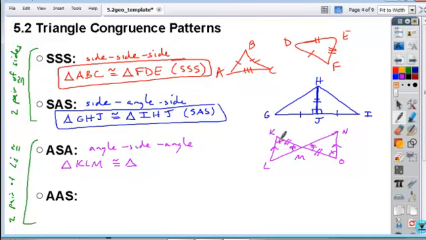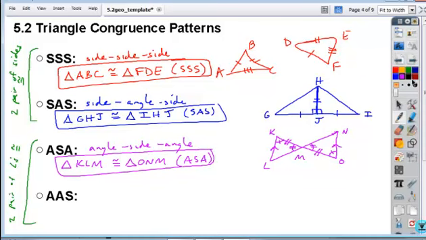So K is the angle with one tick mark, so it corresponds to O. L is the angle with no tick marks, so it corresponds to N. M is the angle with the two tick marks, so it corresponds to M. So here's our congruent statement, and the pattern that's fulfilled is two angles and the side included between them, so ASA.